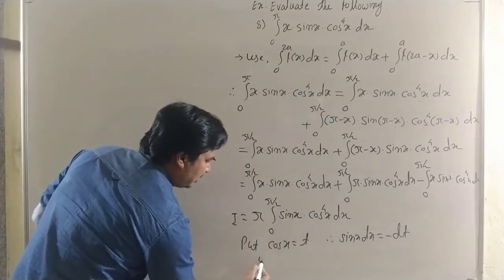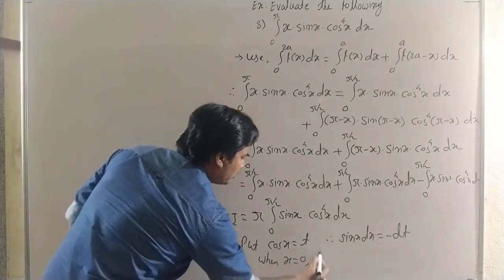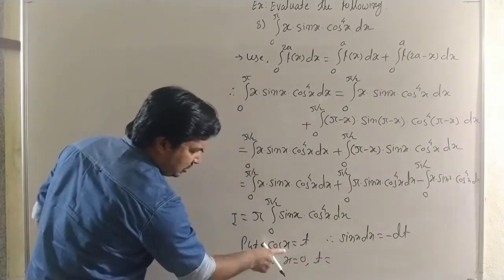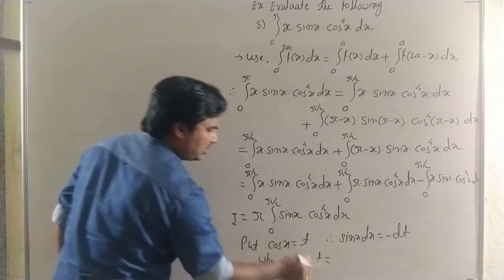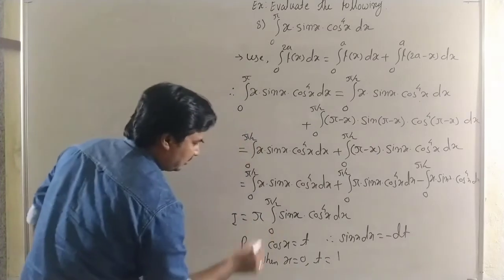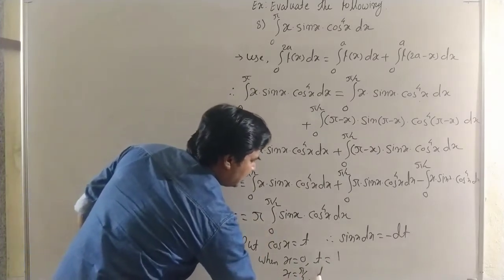Change the limit. When x is equal to 0, t is equal to cos 0, and cos 0 is 1, and when x is equal to pi by 2, t is equal to 0.